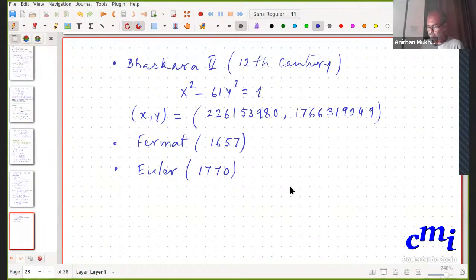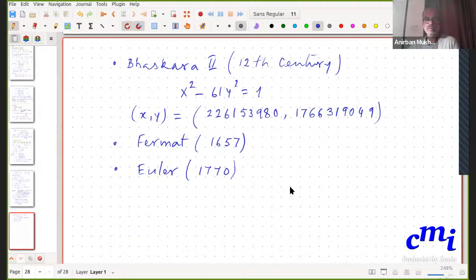Okay, so we know that the convergents of a continued fraction give us good approximations to an irrational number. They in fact provide best approximations in a certain sense. So let's talk about that.